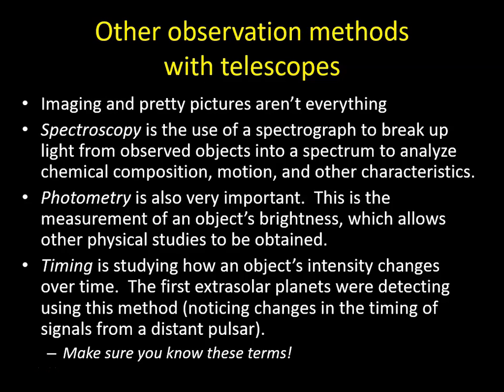Then there's something called photometry, which is a measurement of an object's brightness, or the brightness of objects in your image, as a function of position. And then there's timing, which is a measure of how an object's or many objects' intensity changes over time. In fact, the first extrasolar planets were detected using something related to timing called pulsar timing. So make sure to know these terms.